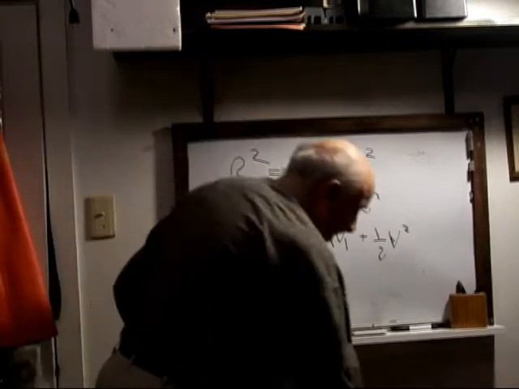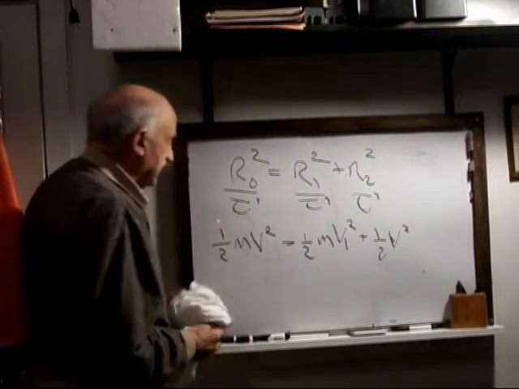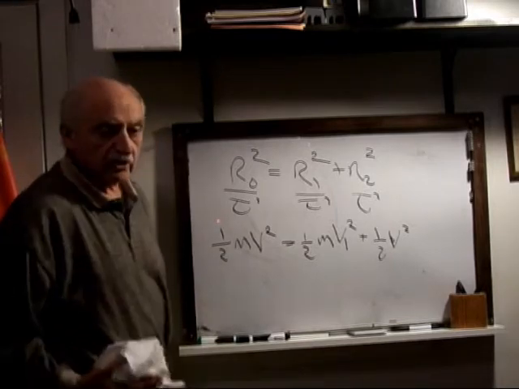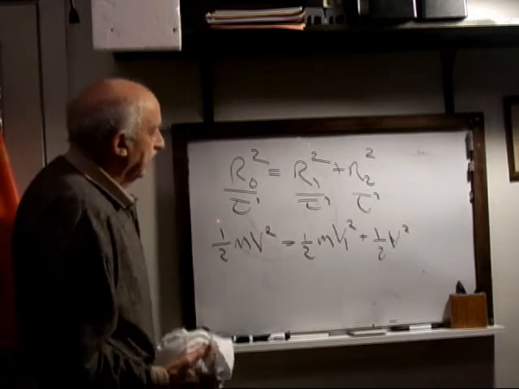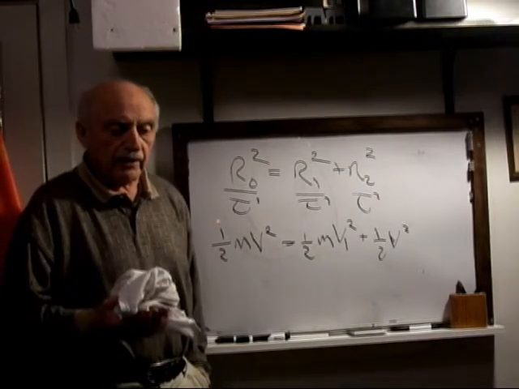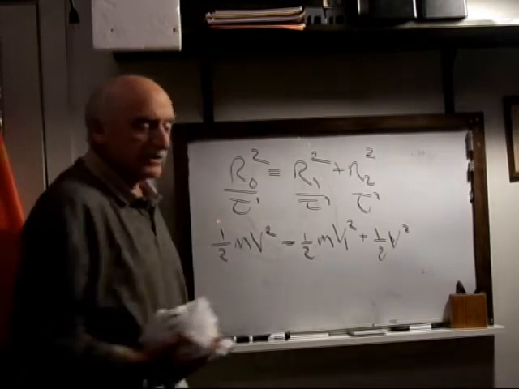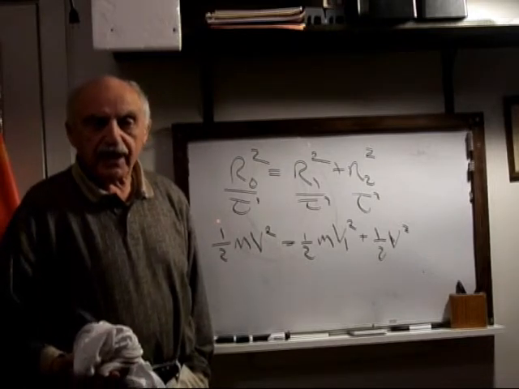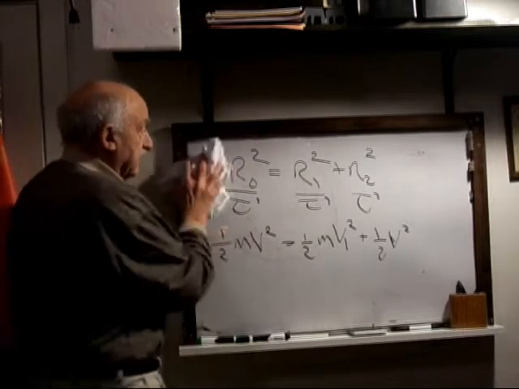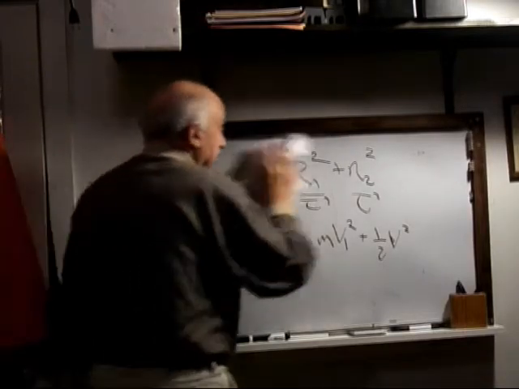And this is the reason why we can say that for a system of a constant energy, if you change the distance, the energy increases as the square of the distance, and the force increases linearly with the distance. And that's something that's not, I think, generally accepted.